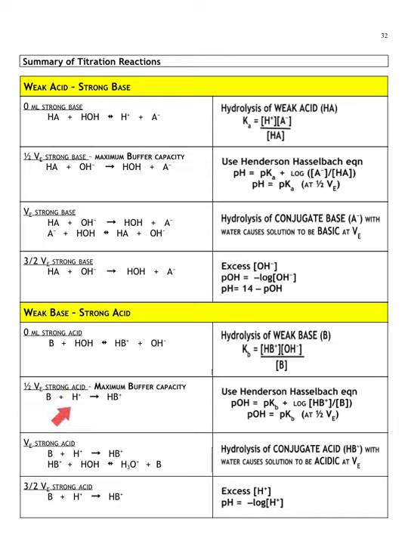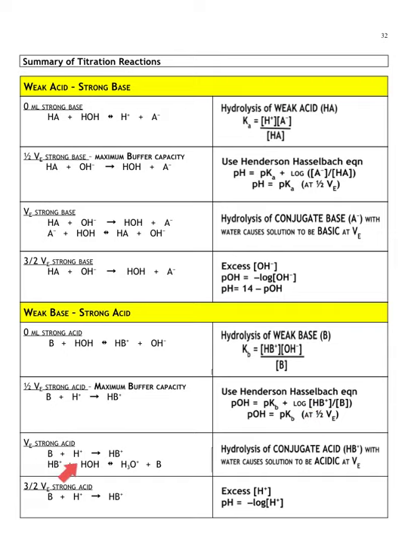Notice how the base accepts a hydrogen ion to form this conjugate acid right here. And when you're halfway to the equivalence point, you have maximum buffer capacity because you have the weak base and its conjugate acid in equal amounts. And that's when the pOH equals the pKb, because this becomes zeroed out. Log of 1 is 0.